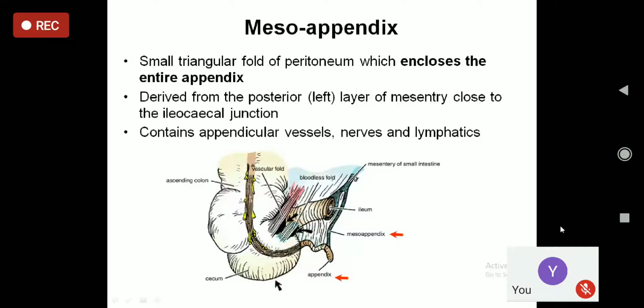It contains the appendicular vessels, nerves, and lymphatics. So the major content of the mesoappendix is the appendicular vessels, nerves, and lymphatics, and it holds the appendix. That is the mesoappendix.